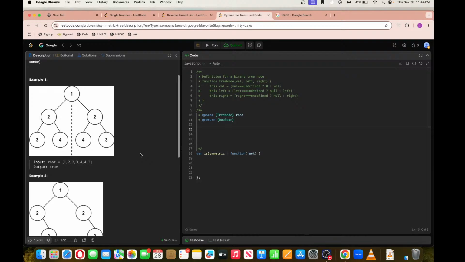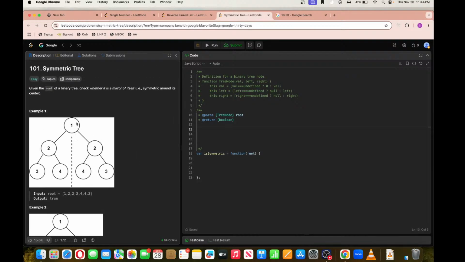So it means that whatever is the center, its left should be equal. Yeah, it should be equal, and its left child should be its right child, left child, right child, something like that.